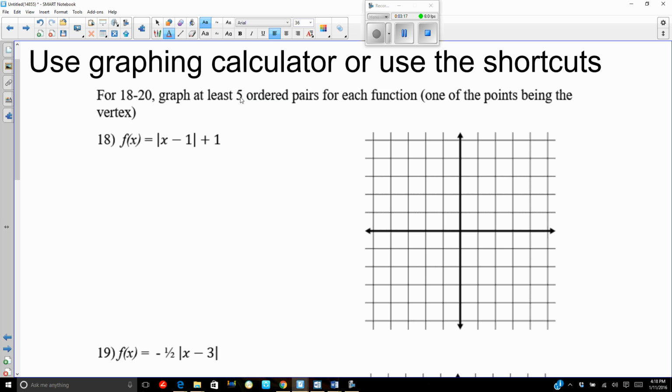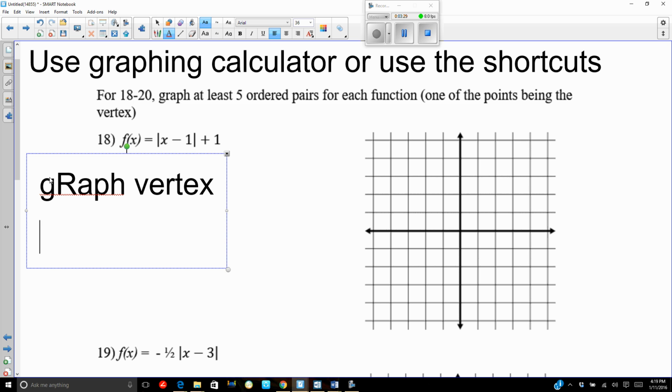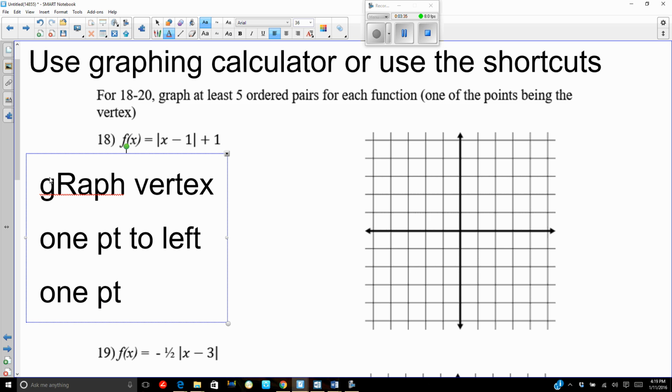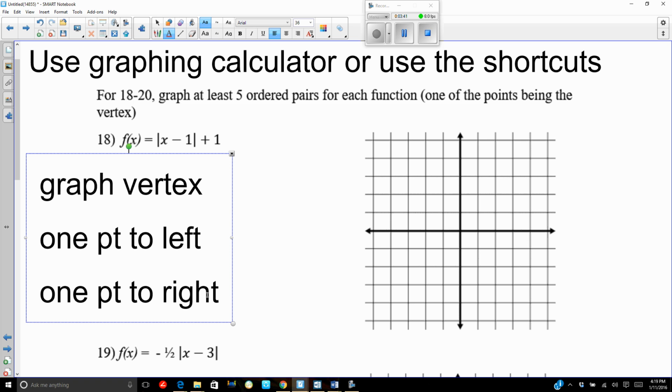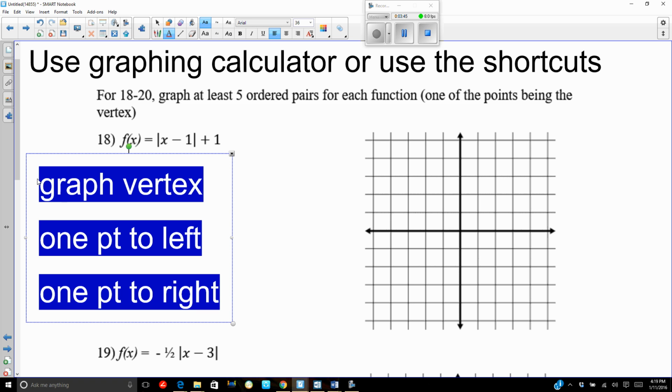I'm actually probably on the test going to make that 3 ordered pairs, but you do need to graph the vertex and then 1 point to the left of the vertex and 1 point to the right. So to get full credit, you need those 3 particular points. You have to have the vertex. If you're missing any one of these 3, it's all wrong. So make sure you have those things.